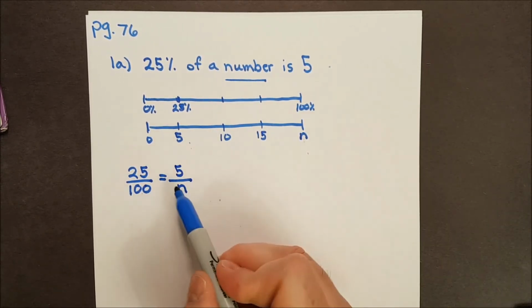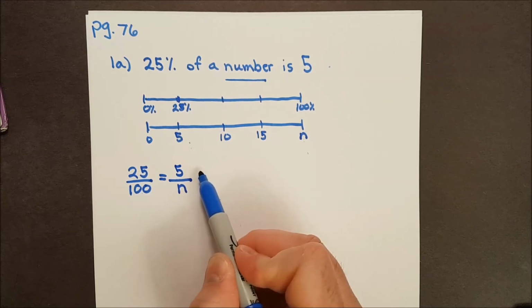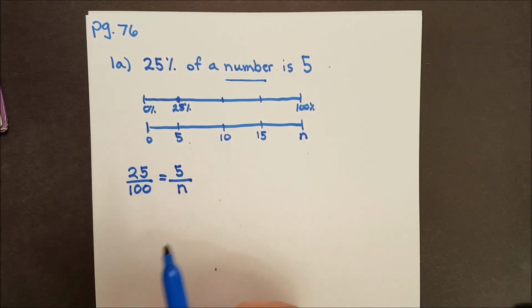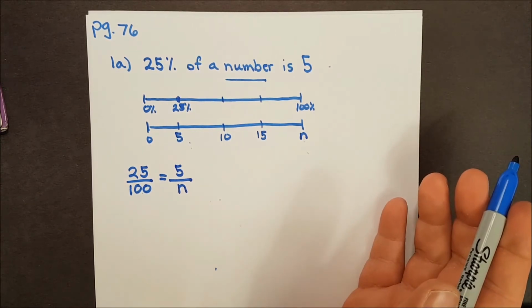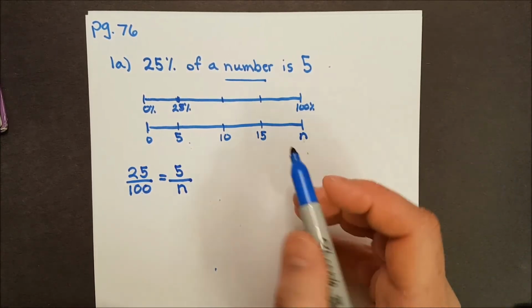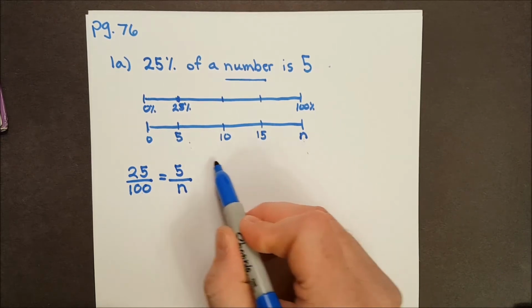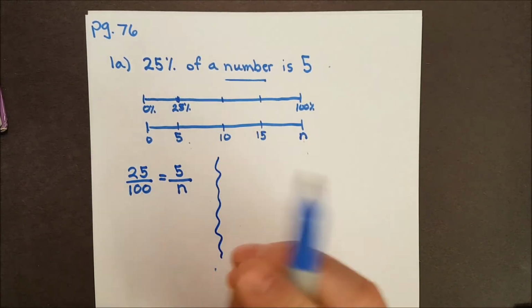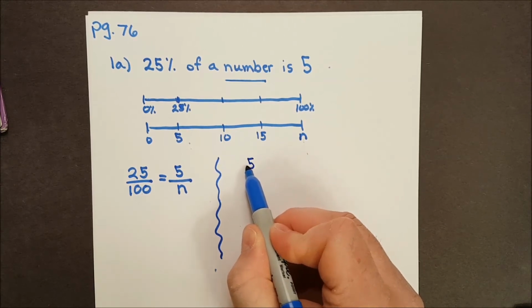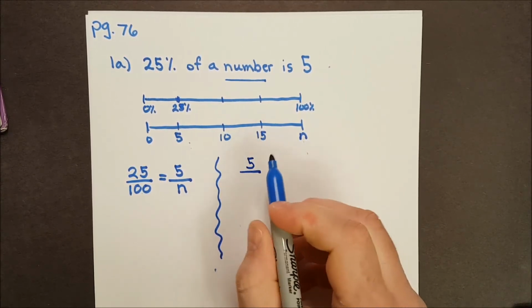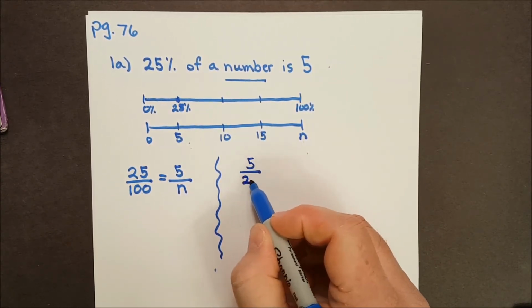Now, we could isolate n, but it involves a lot of algebra. Another way to think about this is a unit rate. So for every 5 we have gives us 25%.